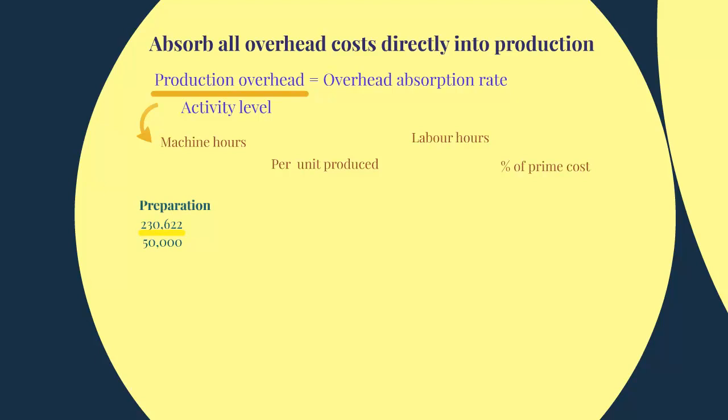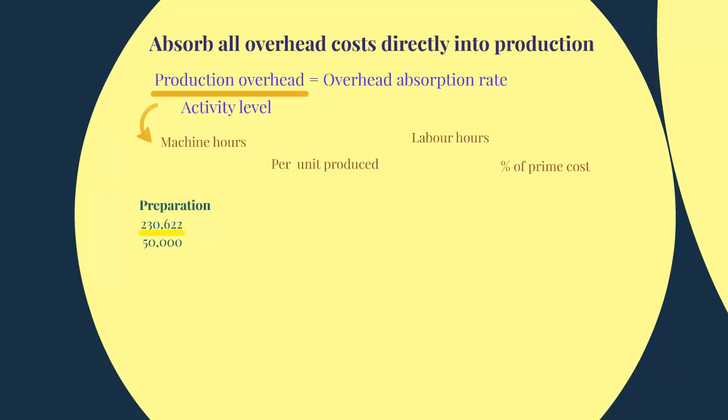Now we know that our total preparation costs under the direct method came to £230,622. If you're asking why I'm using the direct method here, it doesn't actually matter at this stage. The method you use is only relevant for the reapportionment of service centers to production centers calculations.